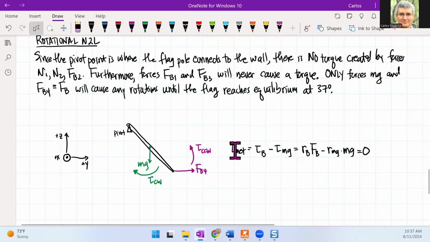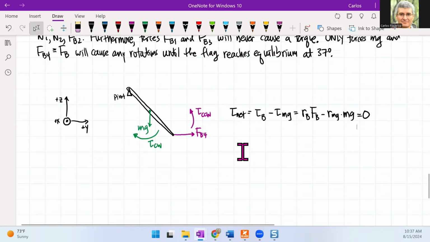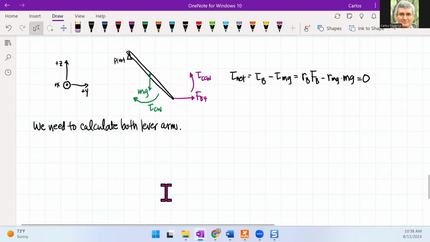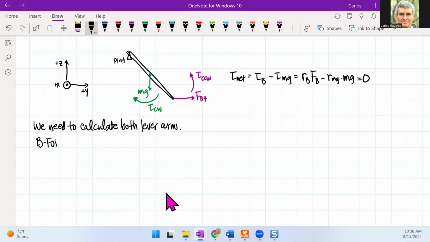So now we need to calculate both lever arms. So the first thing that we'll focus on is the magnetic force lever arm.